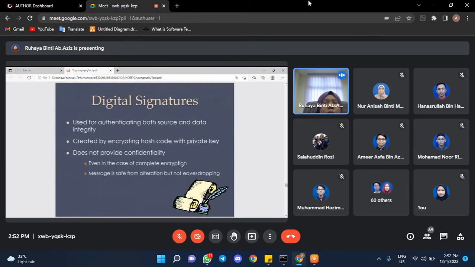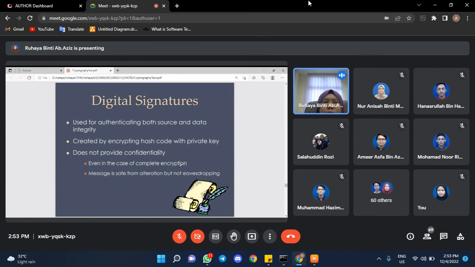Okay, this one is, like I said, digital signature. Digital signature is one application of public key tadi tu, used for authenticating both source and data integrity, created by encrypting hash code with private key, and it does not provide confidentiality.